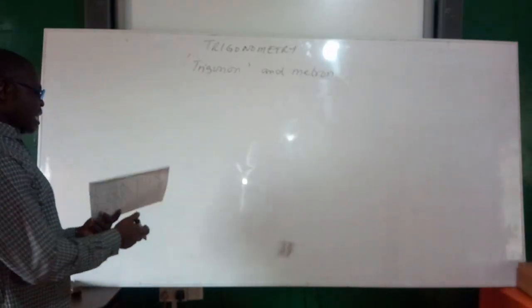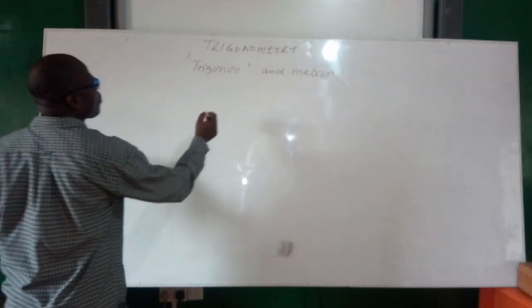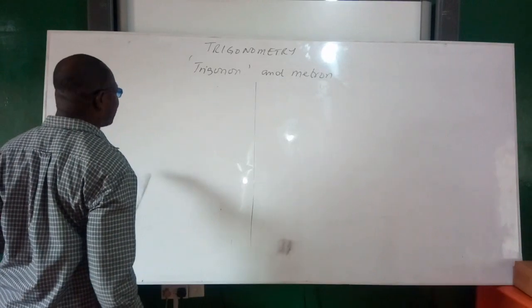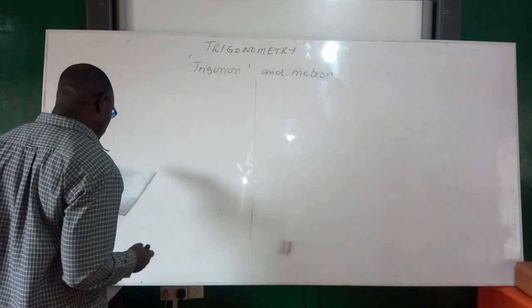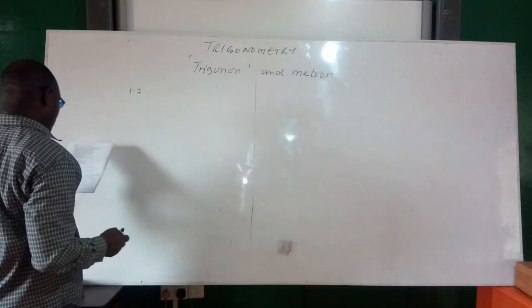Now, let's have this figure and see what's the import of the question and see how we can use SOHCAHTOA to find what we are required to find. The question goes this way.